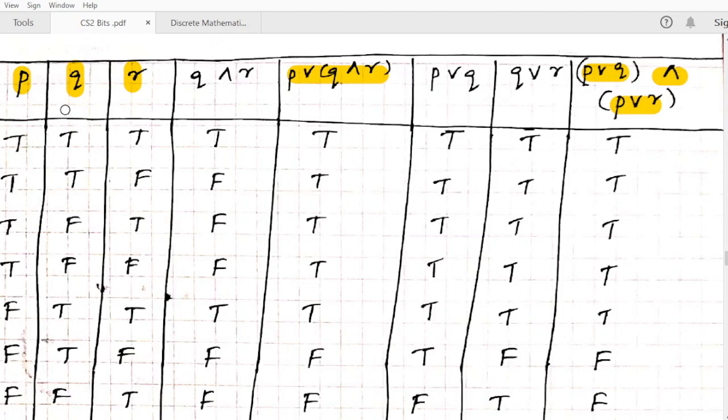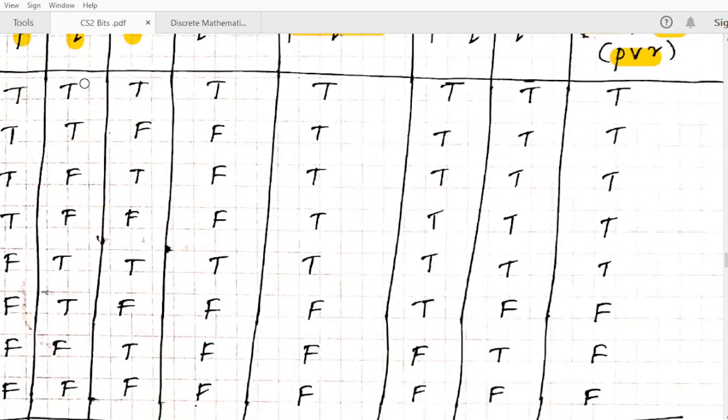If there are n propositions P1, P2, P3, Pn, then the total number of possibilities is 2 raised to n. Here we are having 3 propositions, so the number of possibilities for all the values is 2 raised to 3, that is 8.